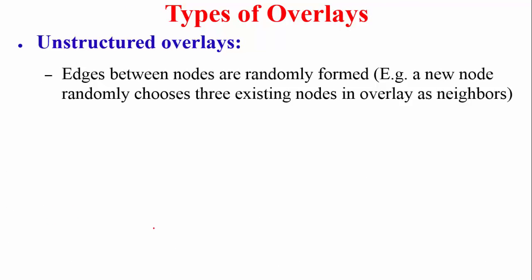Another aspect which you need to understand before we cover the actual peer-to-peer applications is that there are two types of overlays. One are called unstructured overlays. In these overlays, the edges between the nodes are randomly formed. In other words, when you are adding a new node onto an existing overlay, that new node will just randomly choose existing nodes in the overlay as neighbors.